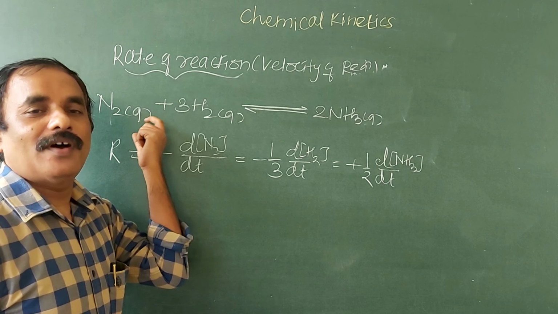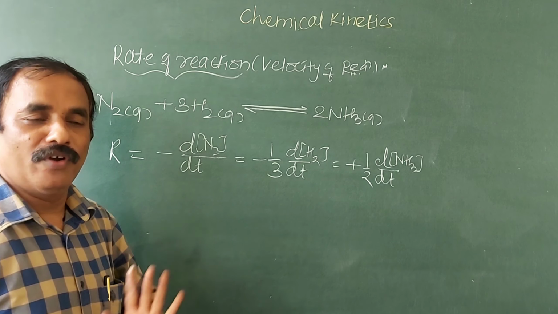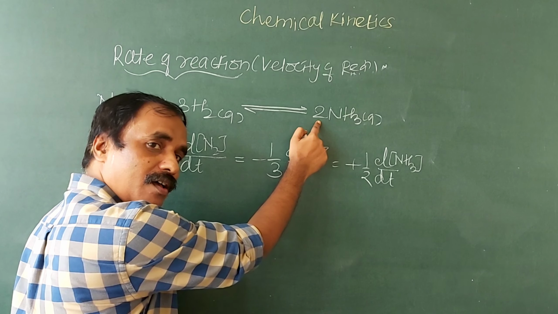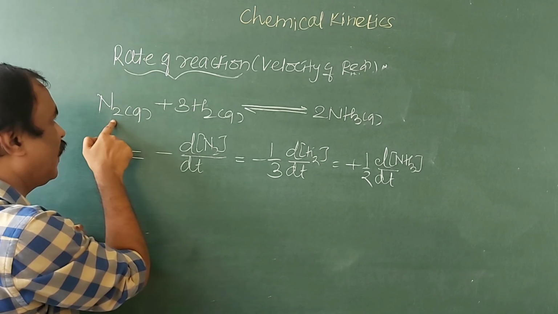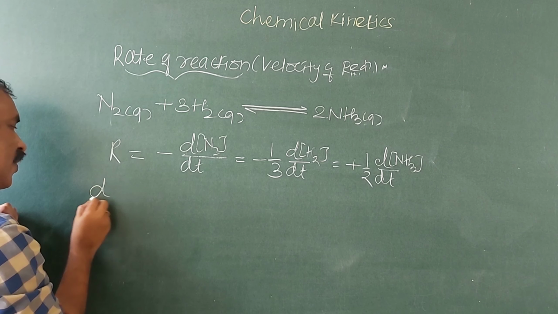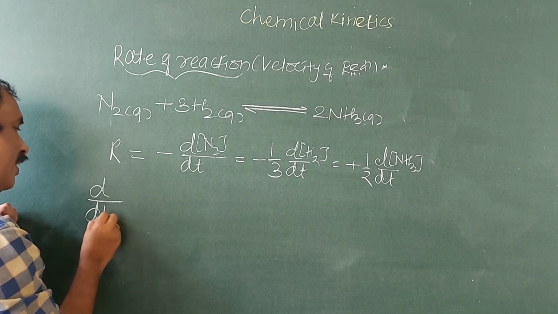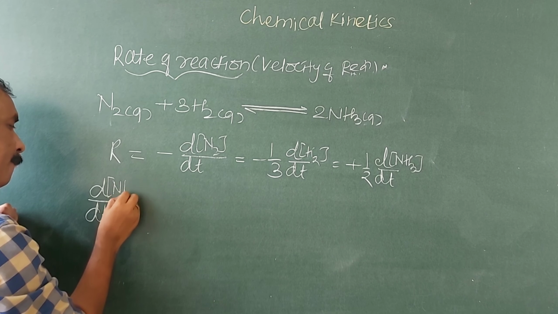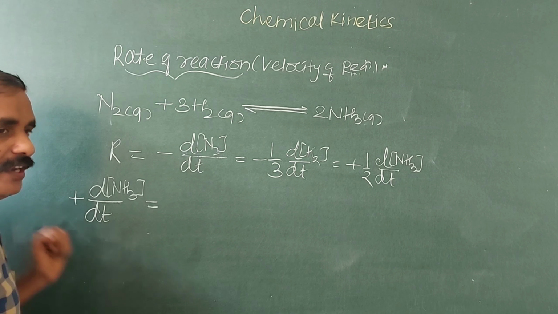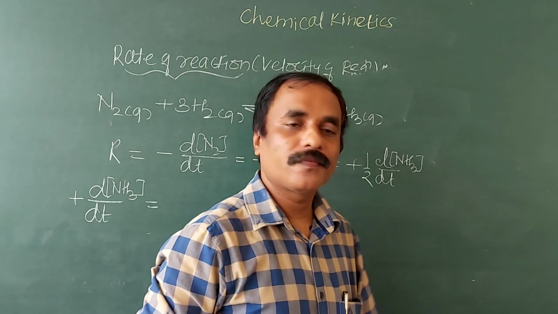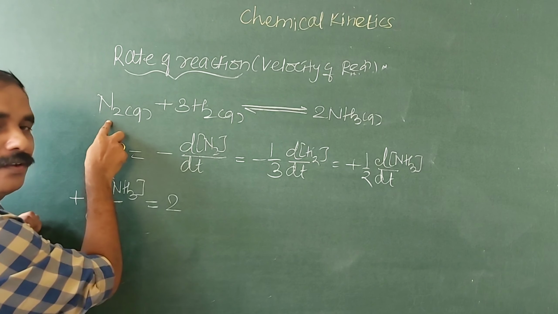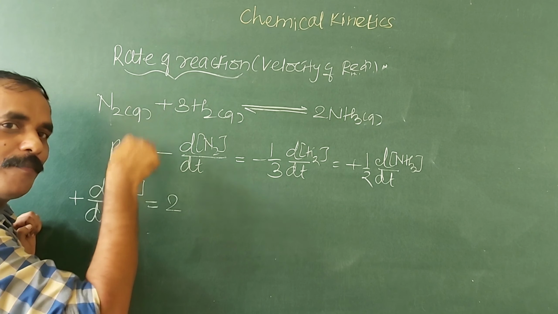I will compare formation of ammonia with disappearance of nitrogen. Here rate of formation of ammonia is double that of the rate of consumption of nitrogen. So here rate of formation of ammonia, d by dt of ammonia, is equal to, positive sign indicates formation, double the rate of disappearance of nitrogen.